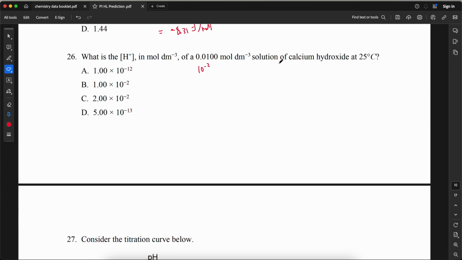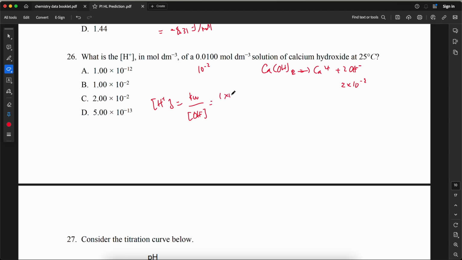What is the concentration of H plus in mole per decimeter cube of 10 to the power negative 2 of calcium hydroxide? Calcium hydroxide has 2 hydroxide ions. So the concentration of OH minus would be 2 times 10 to the power negative 2. To find the concentration of H plus, that would be Kw divided by OH minus.